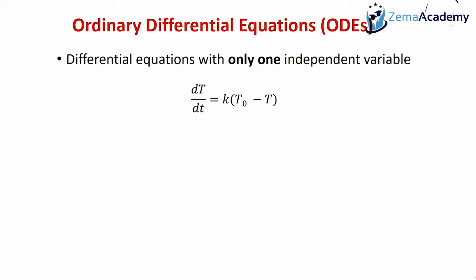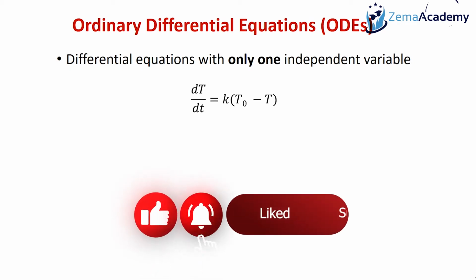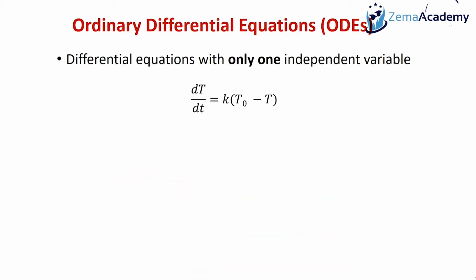Somewhere the process is such that this temperature is changing with respect to time. T naught is of course the initial value, and T is some value after some time. So at t equals 0, the value is T naught, and T is the value after some period of time.